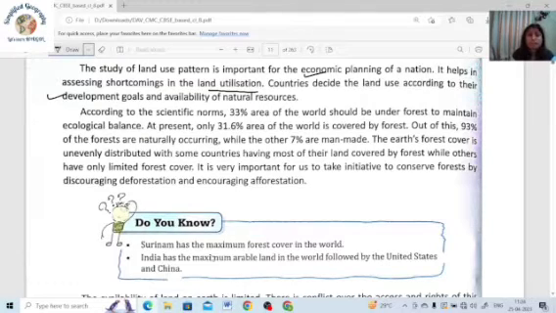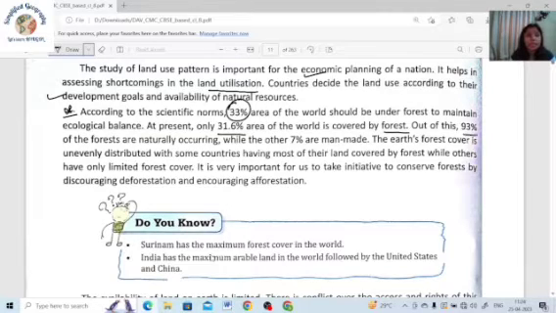According to scientific norms, 33% of the area should be under forest to maintain ecological balance. This is very important. If the question comes, how much area should be under forest to maintain the ecological balance, your answer is supposed to be 33%. At present, only 31.6% of the area of the world is covered by forest.